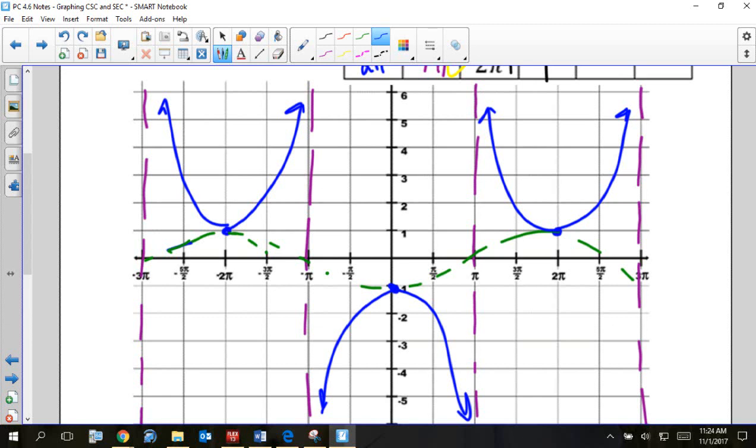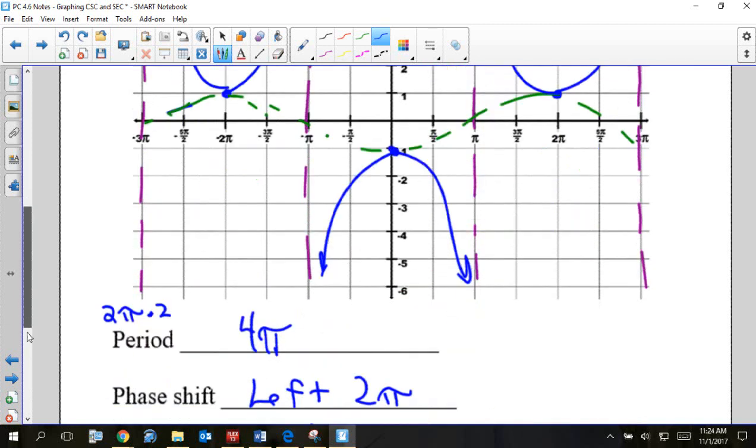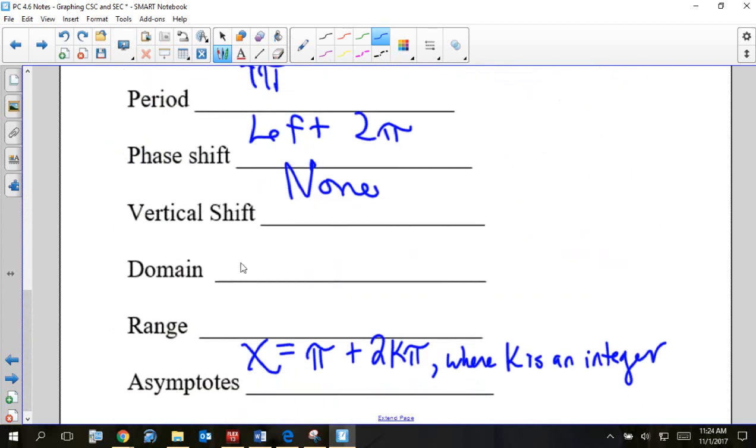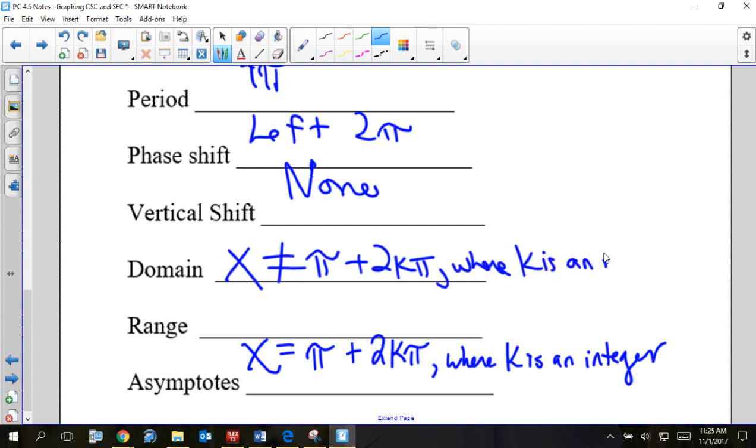So if you found your asymptotes already, it's really easy to write the domain. We just say that x does not equal pi plus 2k pi, where k is an integer.